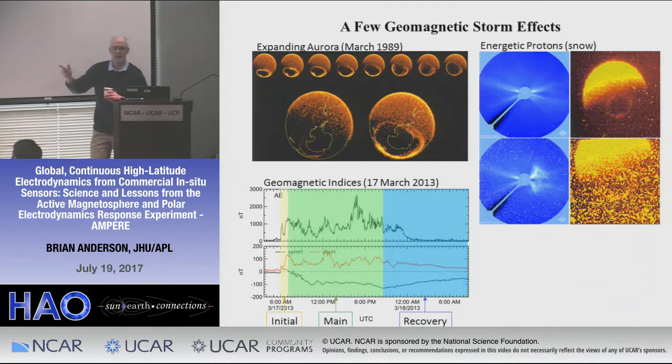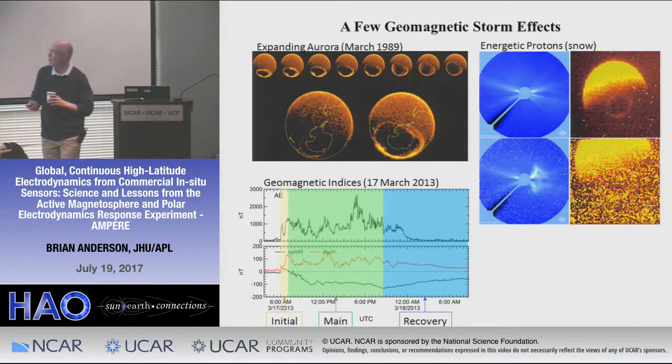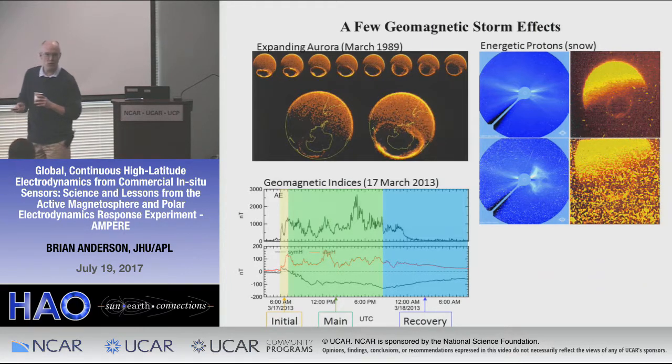This is a sequence of images from the Dynamics Explorer satellite, and some of us remember what that was. Some of us even remember Bob Hoffman giving talks on Dynamics Explorer. But I remember what an absolute revelation it was to see the entire auroral oval all at once, and then see during the course of a storm, with snapshots I think about 10 minutes apart, the evolution of the oval during active times and how much it expanded.